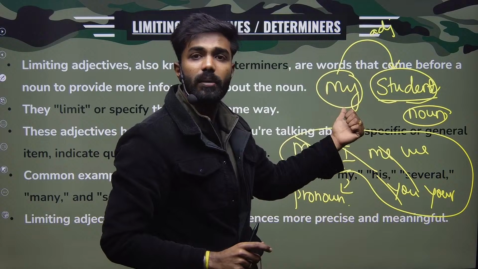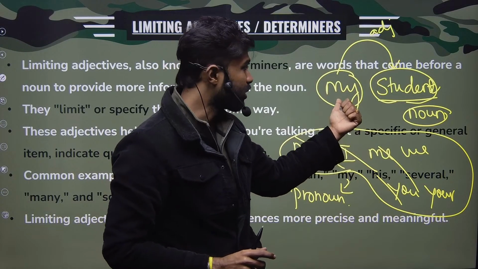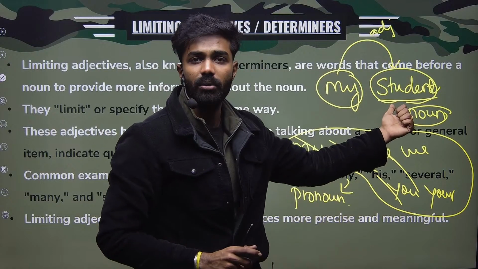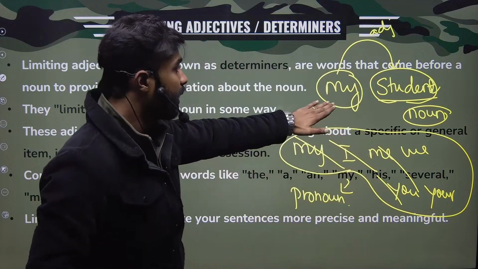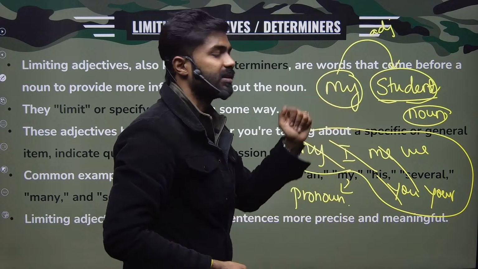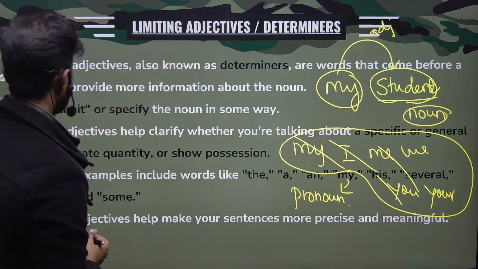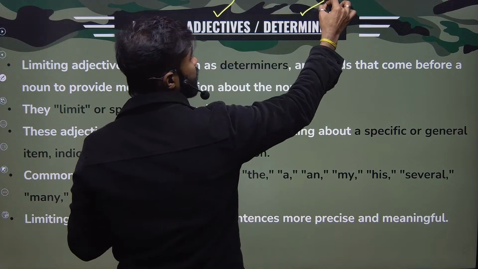Here, I won't call my a pronoun. Why? Because it is adding a detail to the noun. Anything which is adding detail to a noun is called an adjective. So I will remove the status of pronoun from this word and add the status of adjective to it. That's it. So such words are called limiting adjectives or determiners.